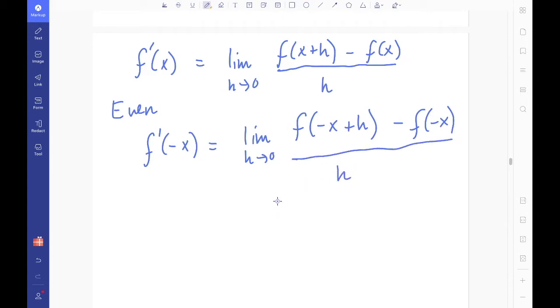Because we're trying to prove it for even functions here, the definition of an even function is that that is just f of x.